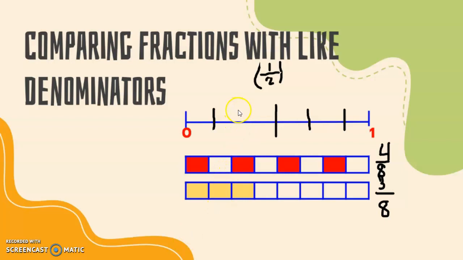And forgive me if they're not equal, but this is what you're trying to strive for, or trying to have represent equal parts when you are partitioning on a number line.